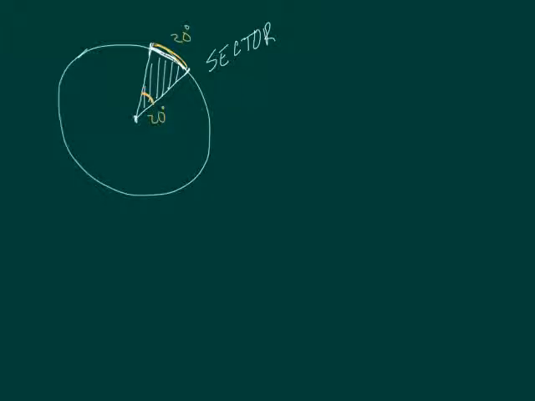Now, if we want to find the area of that sector, that piece of pi, we know that in an entire circle we have 360 degrees. Well, if we're only talking 20 degrees of that circle, then we're looking at a fraction of the whole circle, 20 out of the 360 degrees. And if we then multiply that fraction of the entire circle by the area of the whole circle, which is pi r squared, we will be able to find the area of that sector.